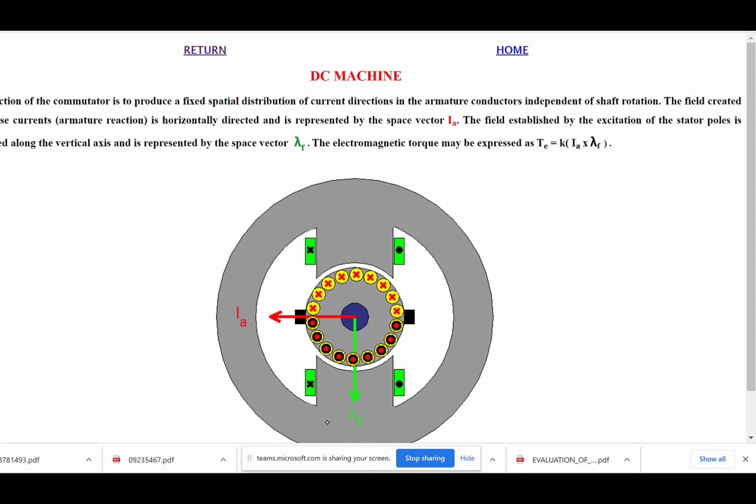I guess I'm looking at what you're seeing, and I don't think you see it, but in the gap above the dots, or the gap below the dots, or the gap above the X's, there's a flux. Each one of those would be like your flux per pole. You have a two-pole machine. And if you draw more armature current, it's not going to change the shape of that flux very much.